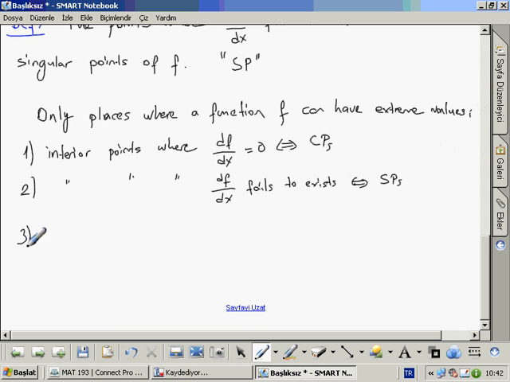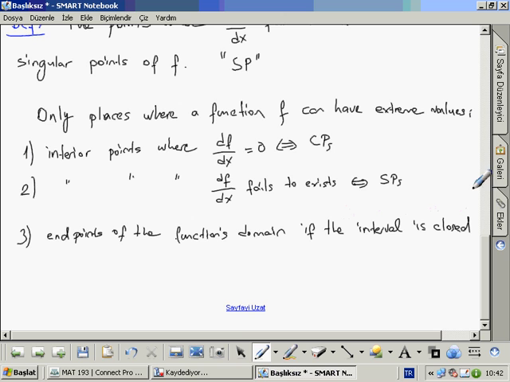And the third, endpoints of the function's domain, if the interval is closed, if and only if endpoints.